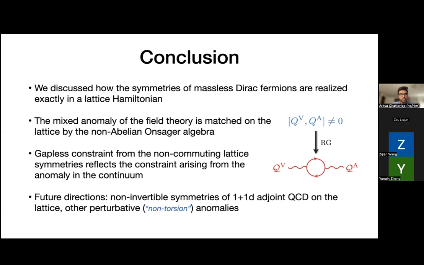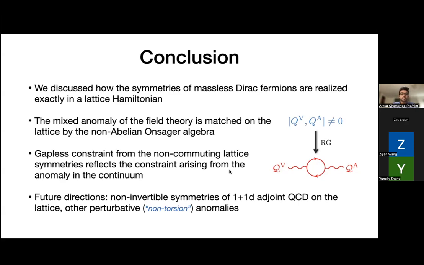Yeah, there are a few future directions. One direction is to consider non-abelian gauge fields. So we're thinking about 1+1D QCD with adjoint matter, where there are interesting non-invertible symmetries. The question is whether these symmetries survive on the lattice.